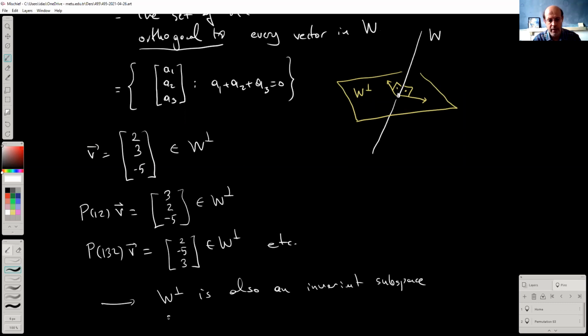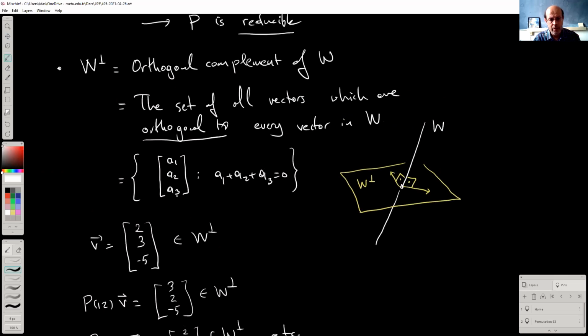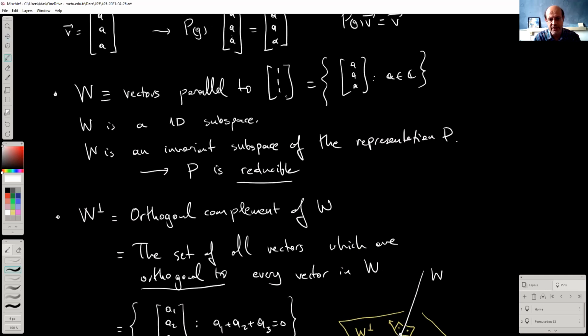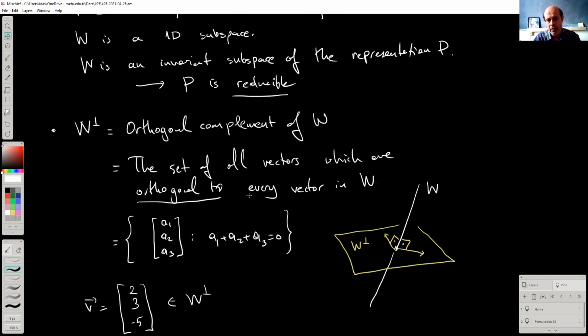Hisham, can I ask something here? Yeah. Why do the components of V have to add up to 0? Or, I mean, any vector in W-perp? It's the orthogonal complement of W. W is this vector, all the vectors spanned by this one. Yeah, I'm asking, when you define W-perp, why do the components have to add up to 0?